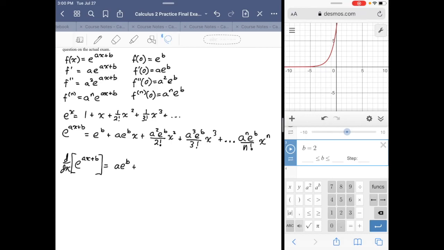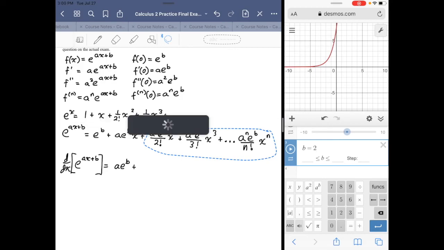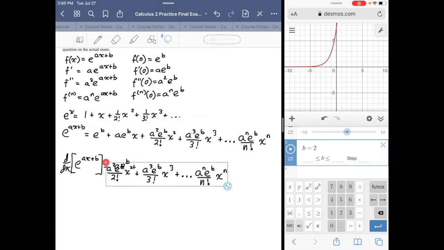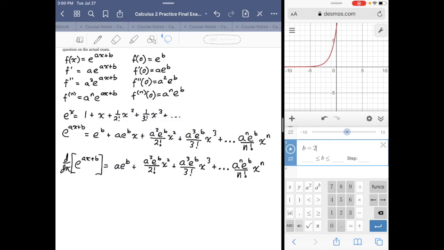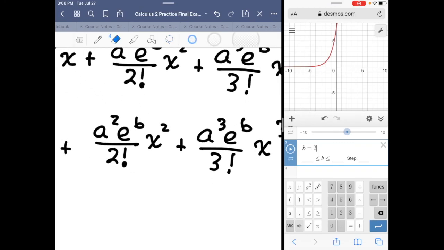Plus, now this is where things get a little bit more interesting. So let me copy, paste. So this 2, decrease the exponent by 1, multiply the exponent by the coefficient. So we're going to get a 2 here, but we're going to lose the exponent.